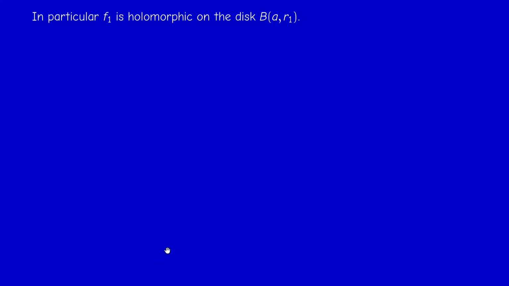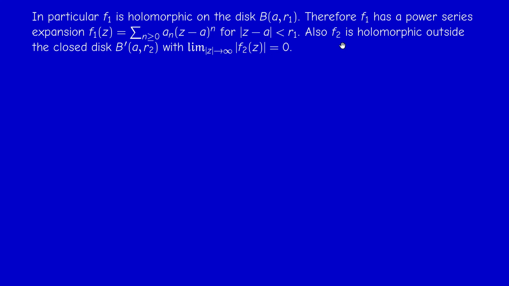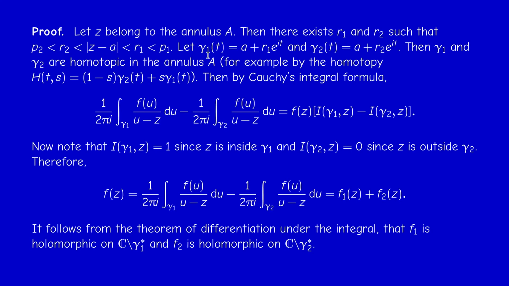In particular, f1 is holomorphic on the disk of center A and radius r1. Therefore, by the theorem of chapter 2, f1 has a power series expansion about z equal a, and convergence happens inside that disk. Similarly, f2 is holomorphic outside the disk and converges to 0 at infinity by standard estimate: when z tends to infinity, this tends to 0.